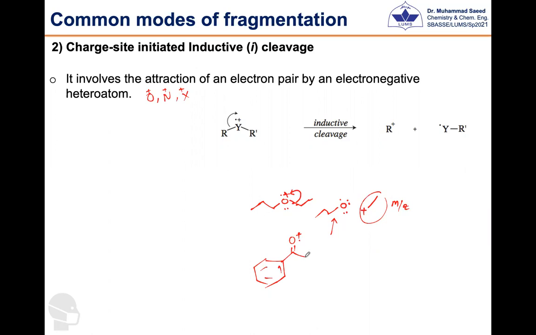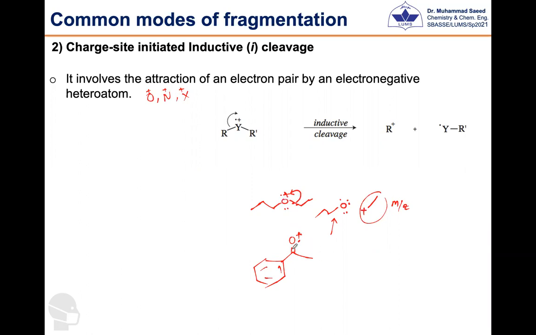Okay, now since positive charge is on oxygen, it can give the inductive cleavage. Remember that here, when the atom was pulling electron, only the sigma bond was available.